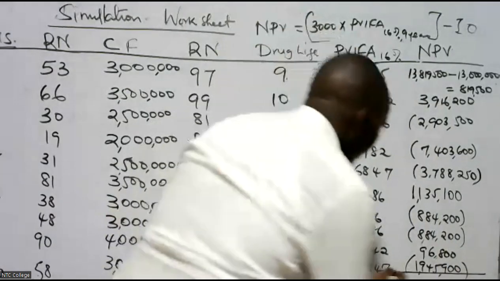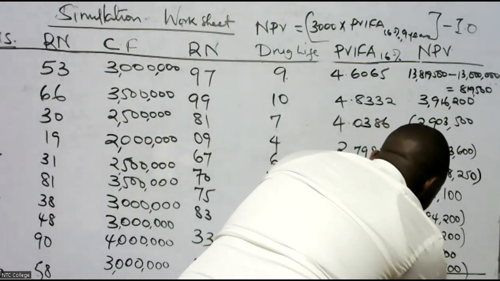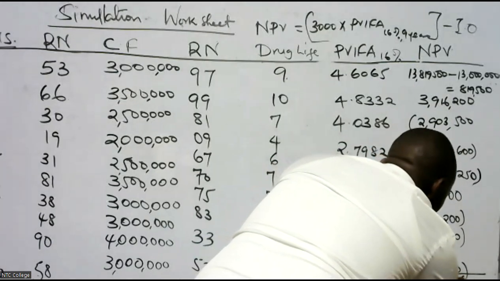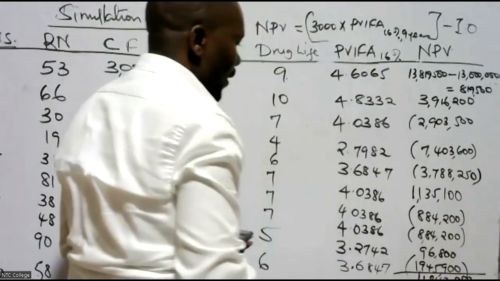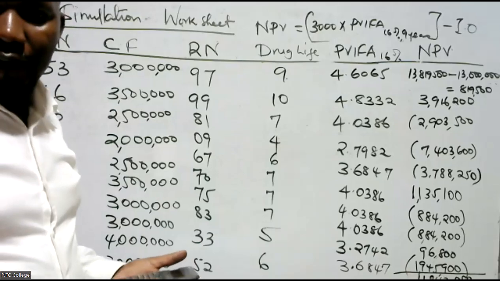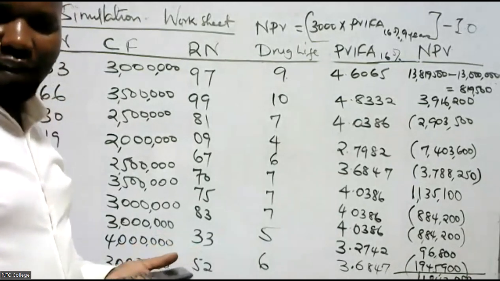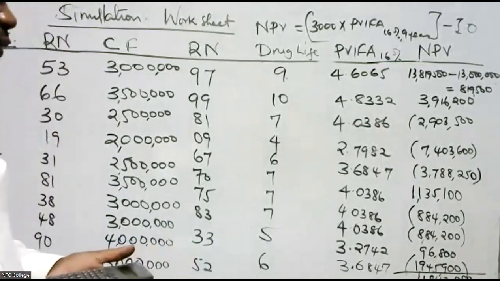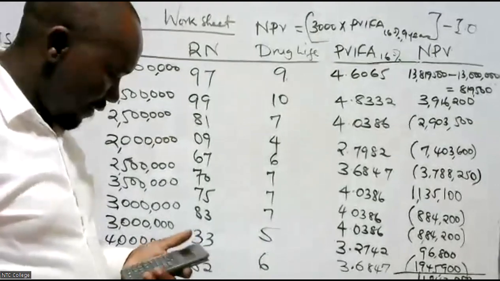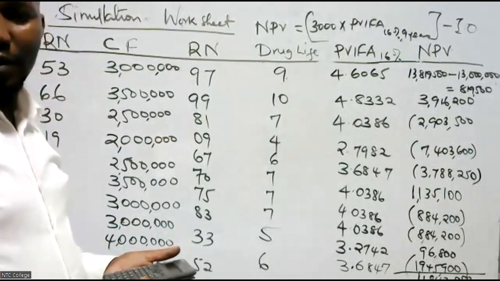I'm getting negative 8,420,50. Negative 8,420,50. 11,841. Can somebody also try? I'm getting 11,842,050. Any other person?